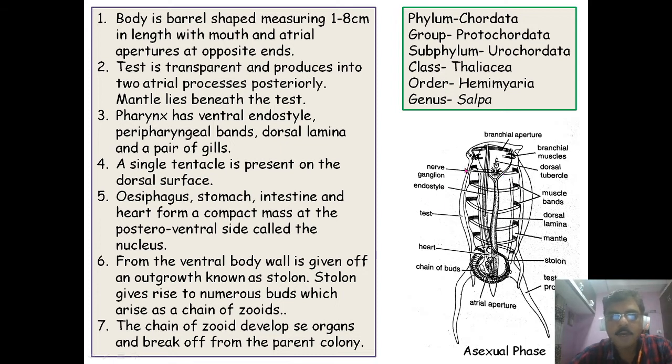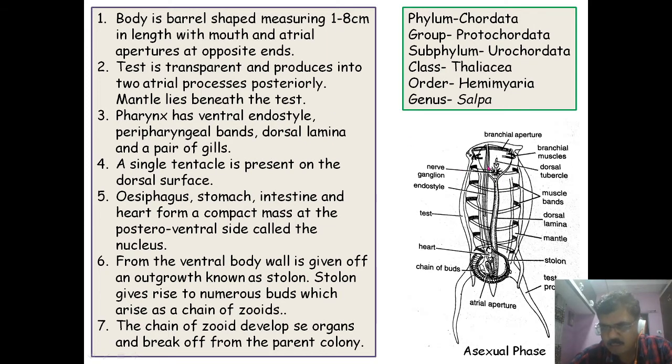The test or tunic or leathery covering is transparent and produces 2 atrial processes posteriorly. The mantle lies beneath the test. Where is the mantle? It lies beneath the test. Then the pharynx has a ventral endostyle.